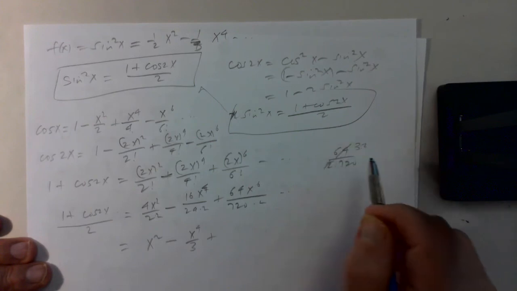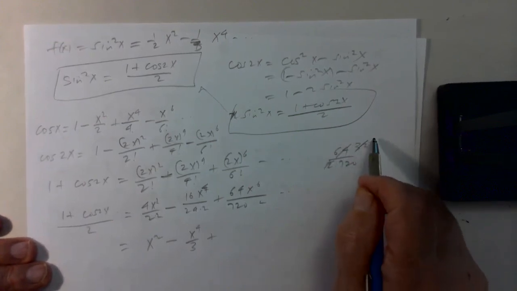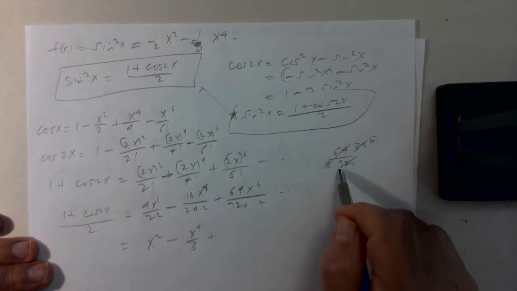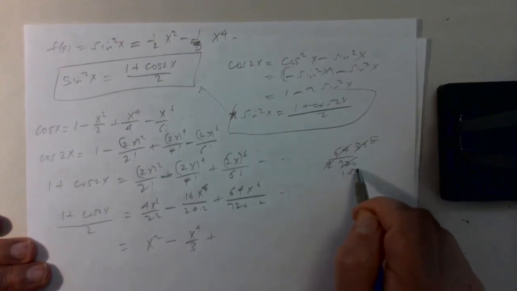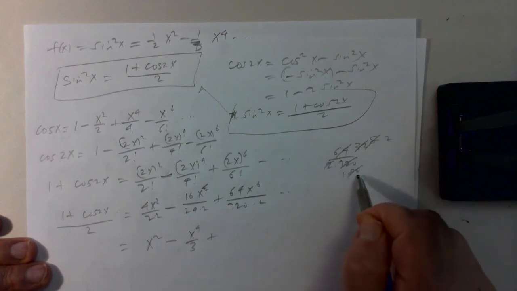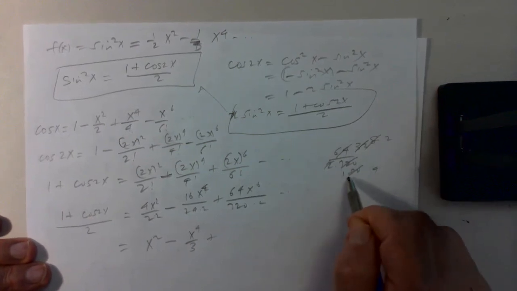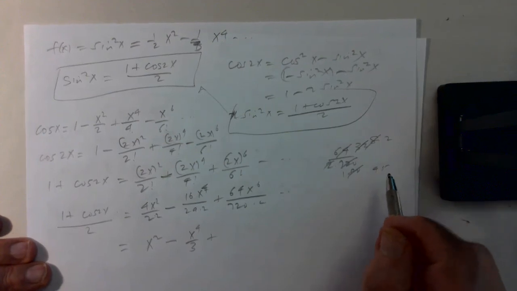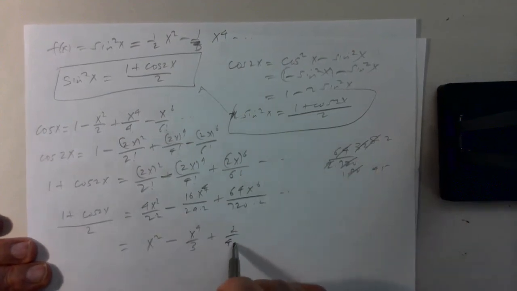That's 32 over 720. Divide by 4, this is 8. Divide this by 4, I get 180. Divide it by 4 again, I get 2 over 45 x to the 6th.